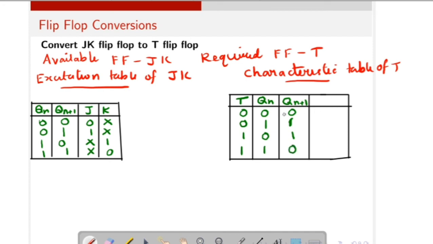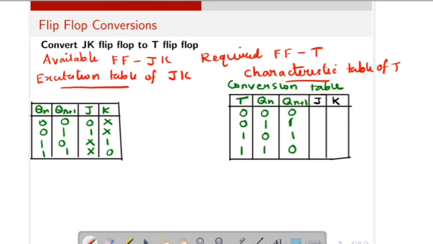Okay, so next we can construct the conversion table from this characteristic table, right? For the conversion table, we add the inputs of the available flip-flop. The available flip-flop is JK, so we draw 2 columns for the inputs of JK.